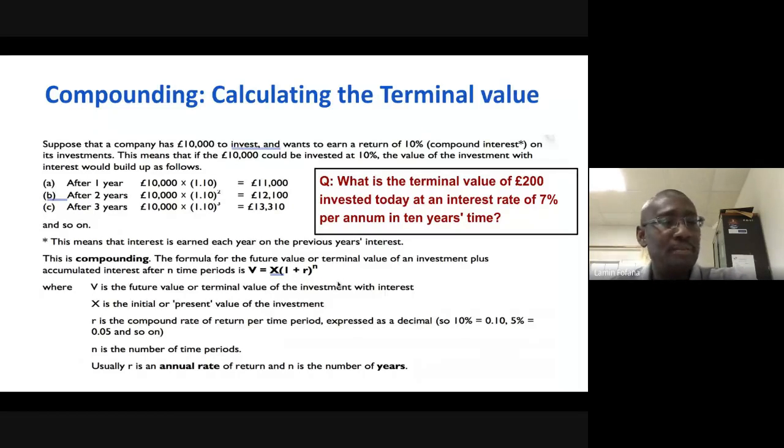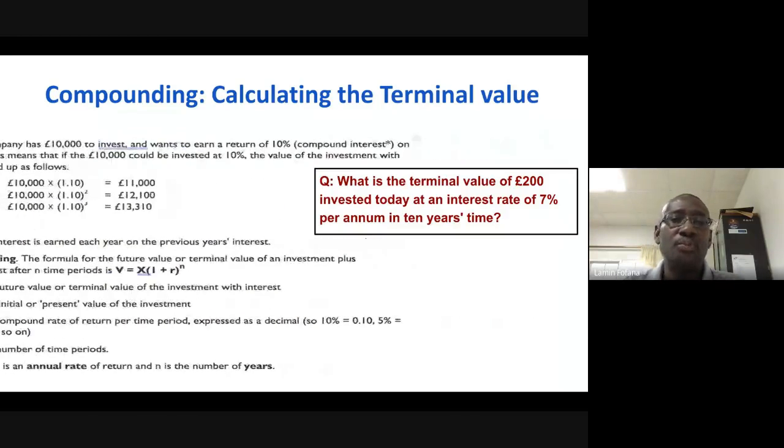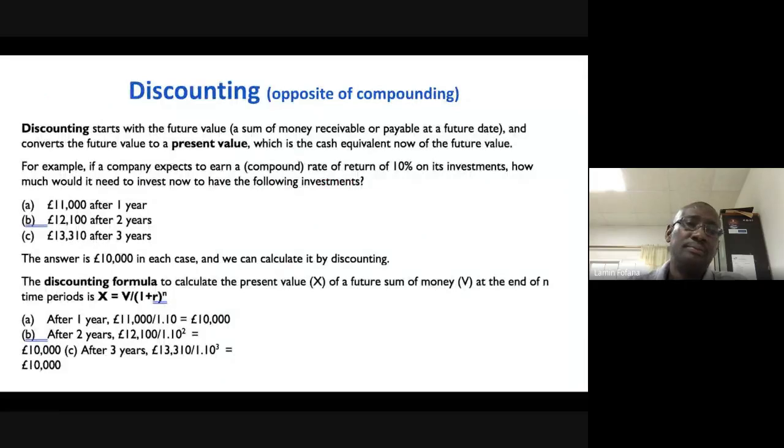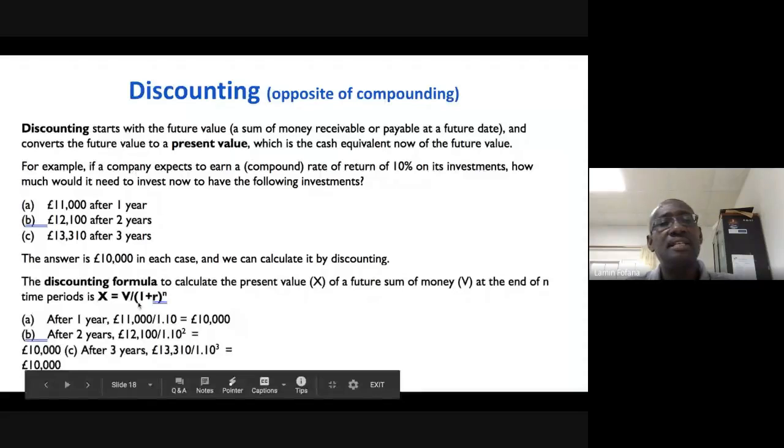I think we all know that mathematically. So when we want to find X, the subject of the formula, this multiplied by will become divided by. So that's why you have X equals V divided by (1 plus R) raised to power N. That's exactly what we have for our discounting formula.